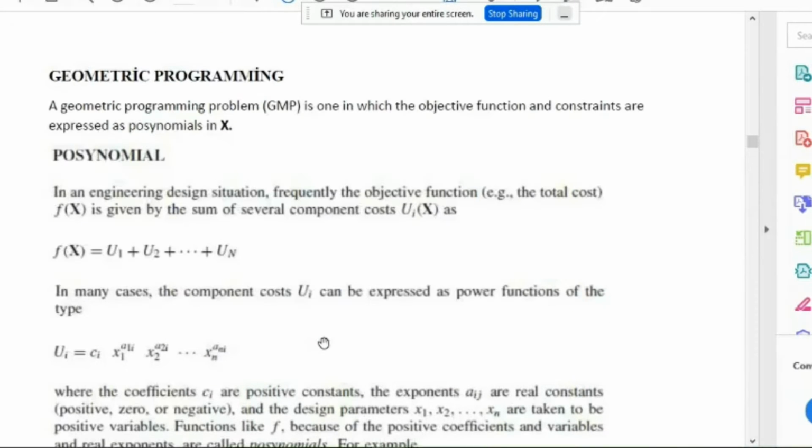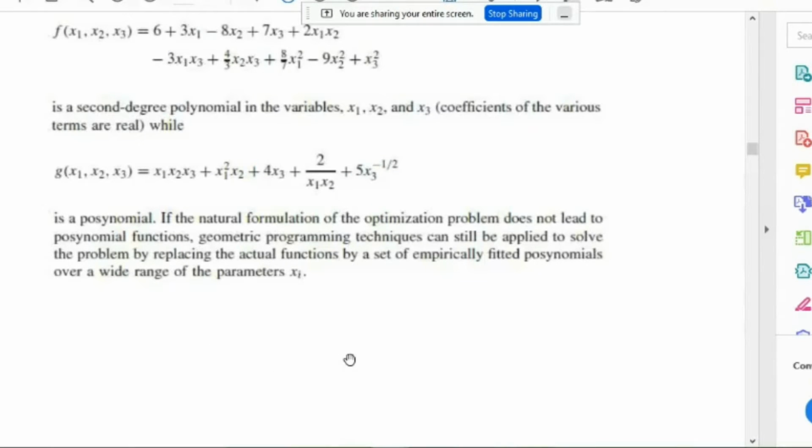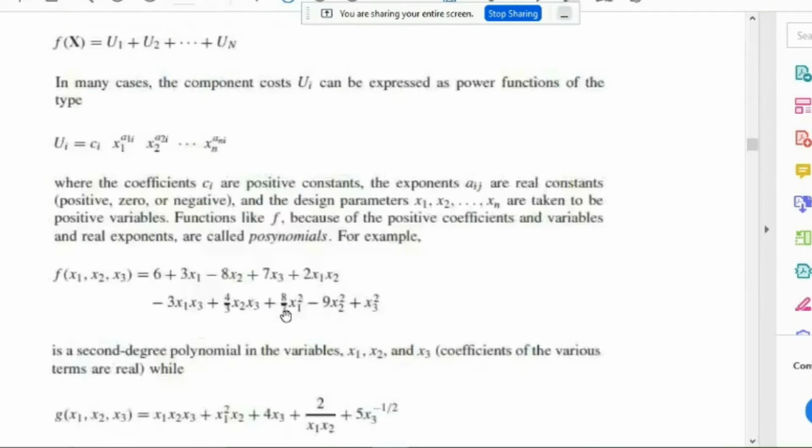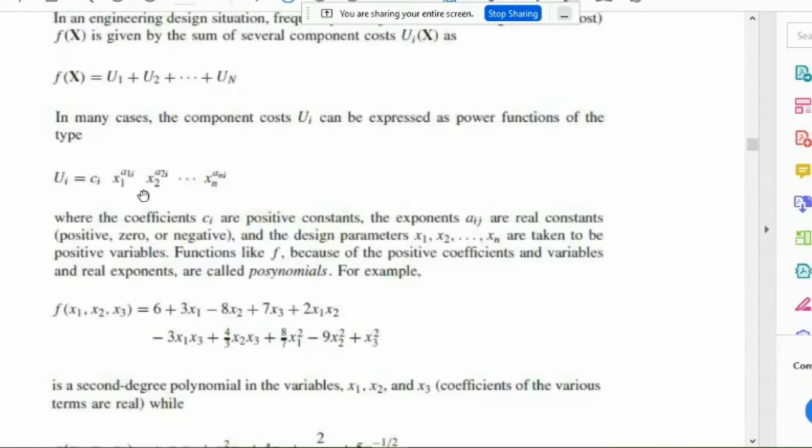If one wants to solve the problem using the geometric programming approach, there will be a coefficient of the component, and then variable 1, variable 2, variable 3, and so on, the nth variable, right?